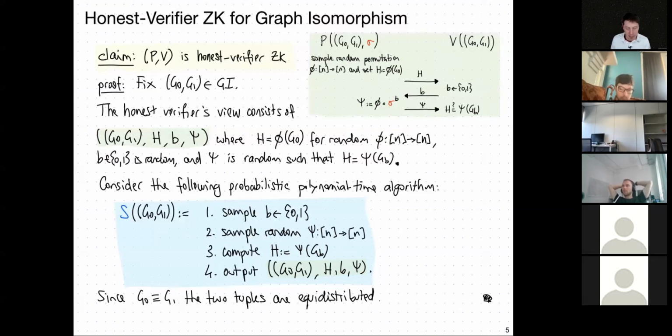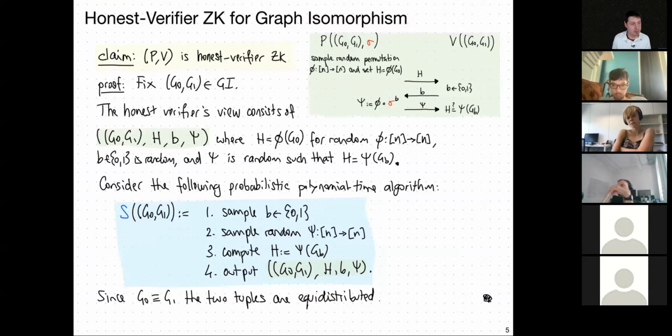Now, in arguing that they're equidistributed, we had to use the fact that G0 and G1 are isomorphic. That's why it's okay to apply psi to GB. We crucially use that. It's not surprising that we have to use that fact. So that was pretty mechanical in some sense.